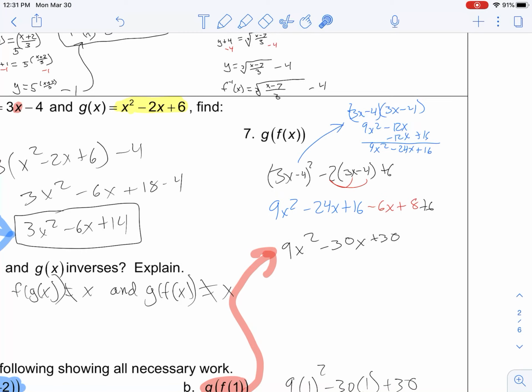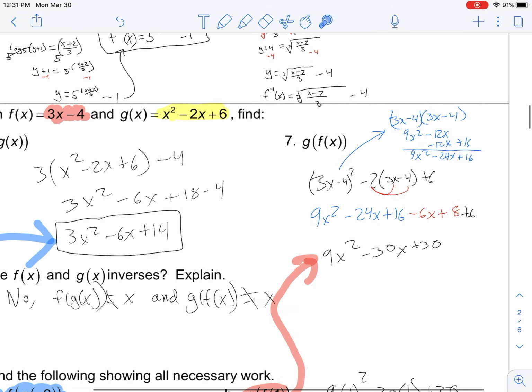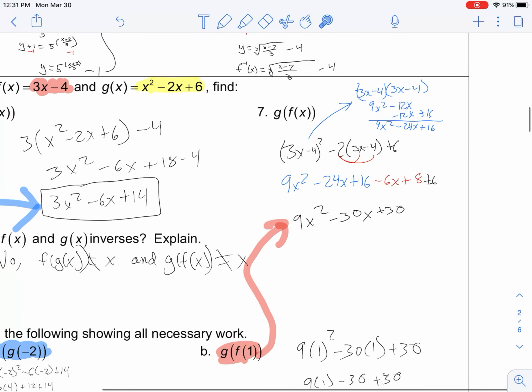So, I guess I'll just highlight this in red, everywhere in our g of x function that we see an x, we are going to replace it with 3x minus 4. So 3x minus 4 squared minus 2 times 3x minus 4 plus 6.